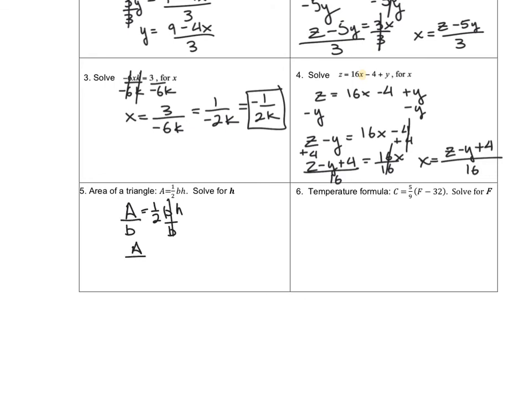So A over b is equal to 1/2 h. Remember I stated in the last class, to get rid of a fraction, you have to multiply by the reciprocal. So I'm going to multiply both sides by 2, or 2 over 1, which is multiplying both sides by 2. That cancels, and then you have 2A over b is equal to h.